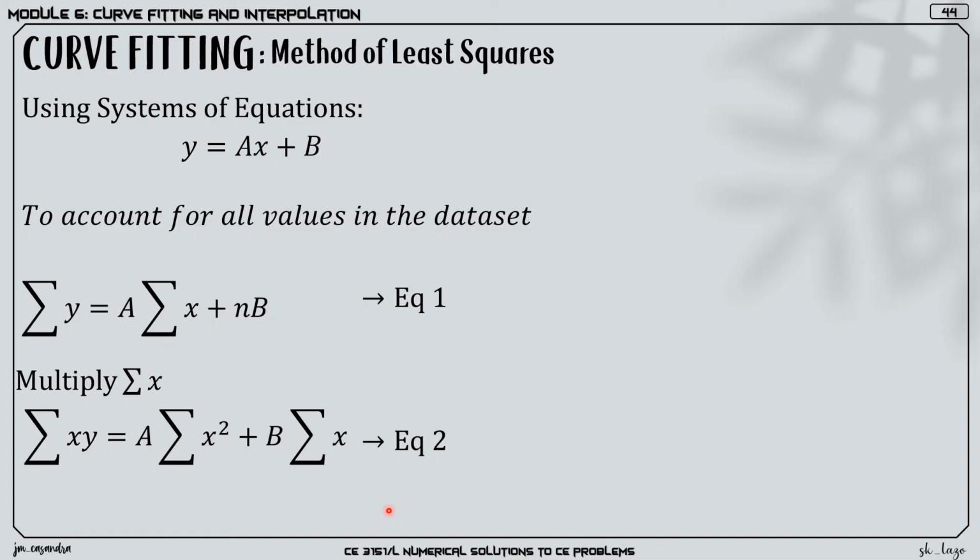The third way of solving for the best curve using method of least squares is using the slope-intercept formula, which gives us y equal to mx plus b as its general form.